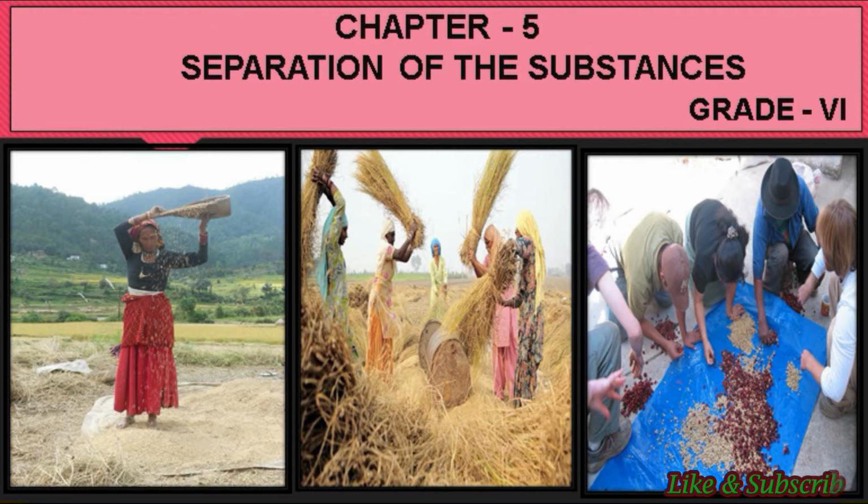Students, as we already learned and discussed the first part of this chapter, in the first part we basically discussed the different methods of separation of substances like handpicking, winnowing, sieving, sedimentation, decantation, filtration, etc. Now in this second part of this chapter we will learn and discuss some more methods of separation of substances.